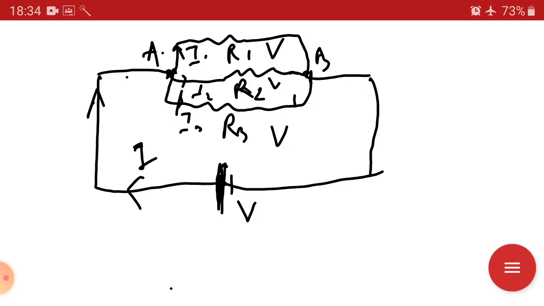And you know the incoming current, that is I, will be equal to the sum of all outgoing currents. That we will also learn in Kirchhoff's law in another chapter. The current will be divided into three parts, depending upon the resistances, not always equal.